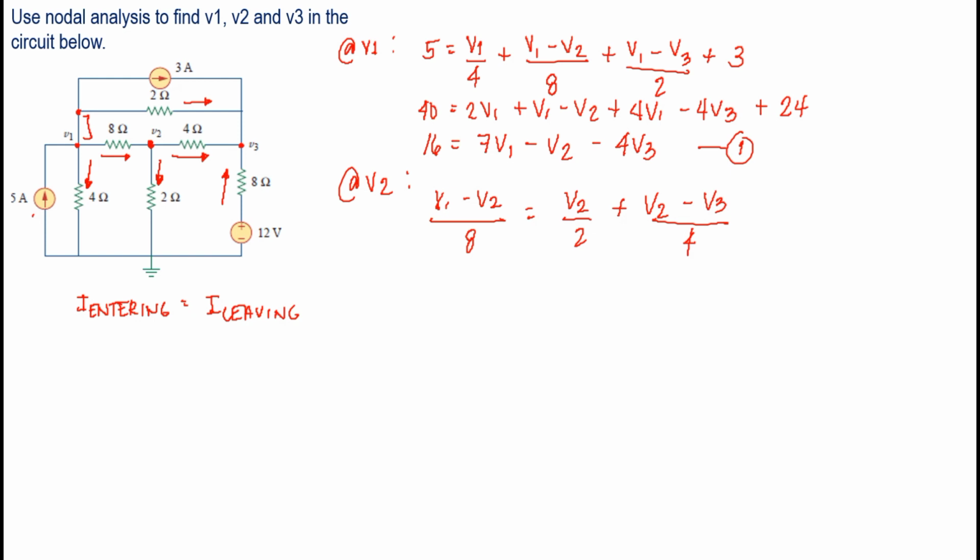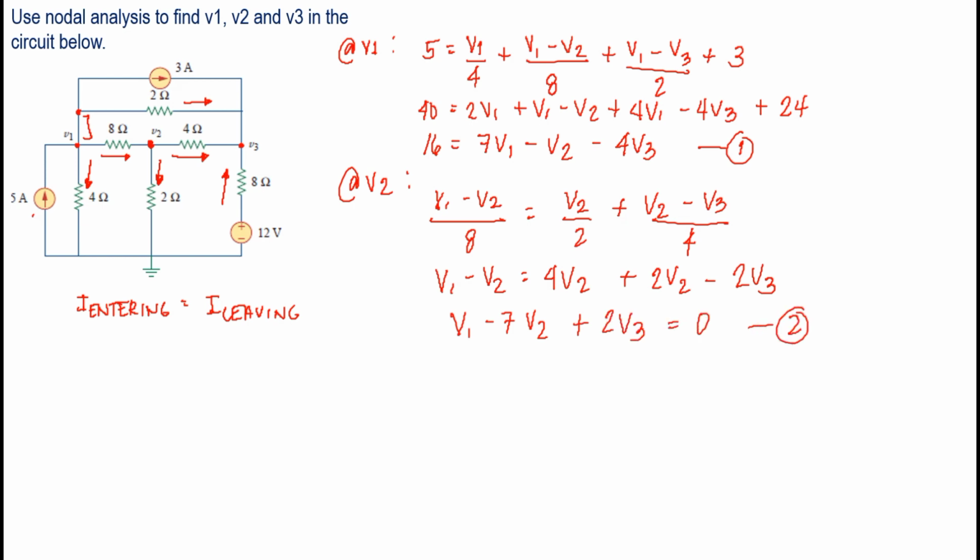And again, let's multiply both sides of the equation by 8. So we have V1 minus V2 equal to 4V2 plus 2V2 minus 2V3. Then we have V1 minus 7V2 plus 2V3 equal to 0. And this is our second equation.